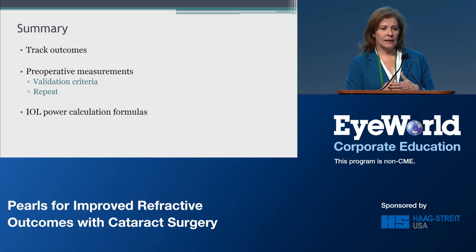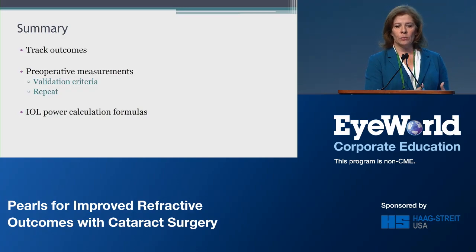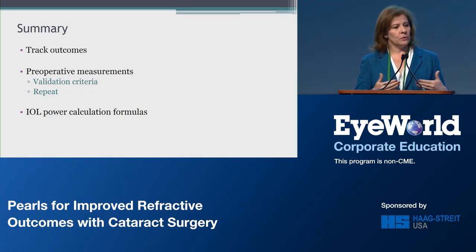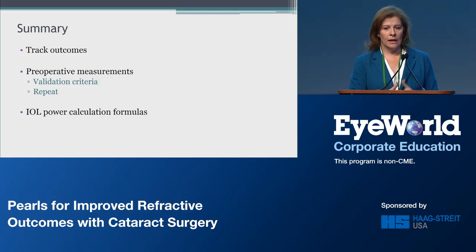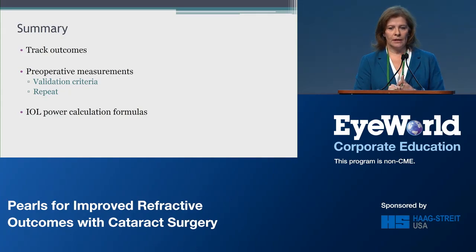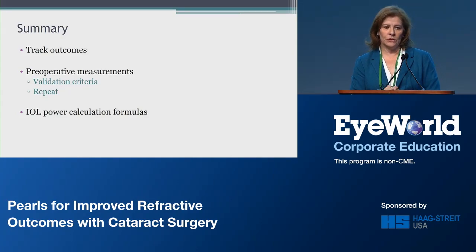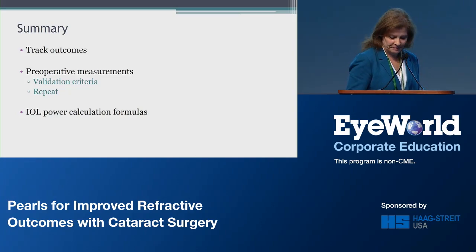And we have one site that is at 78%, while we got 98%. So why is that difference? We are using the same formulas, we are using the same device, why do we have a 20% difference between these outcomes? So again, preoperative measurements, validation criteria, and repeat if you need to. Thank you for your attention.